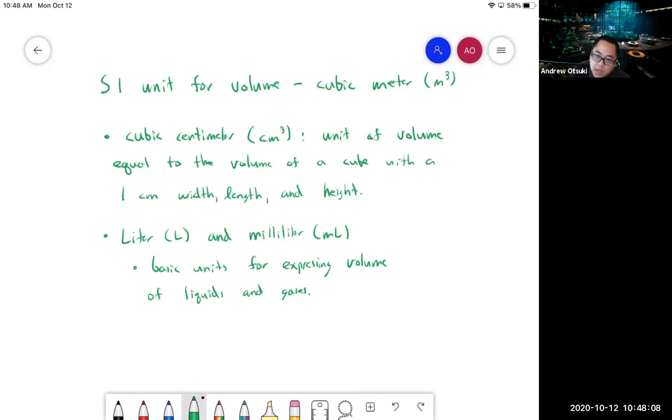Okay. So you may recall that one meter cubed is equal to 1 liter, and 1 centimeter cubed is also 1 milliliter. So let me just double check that value.